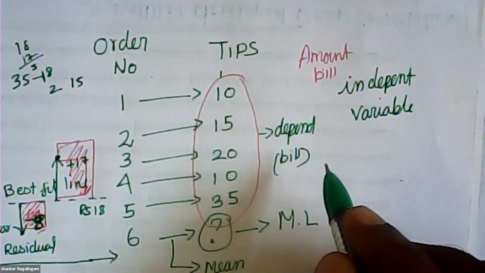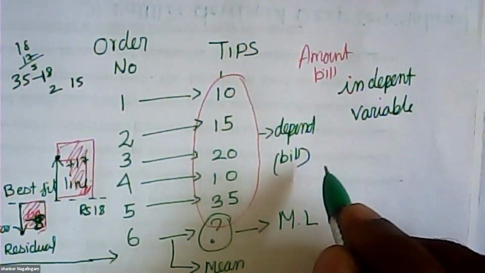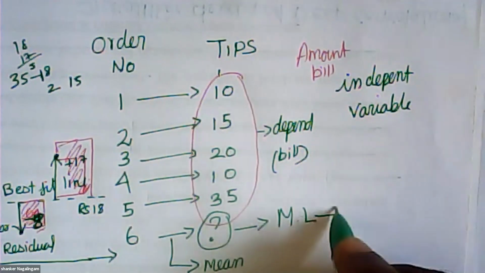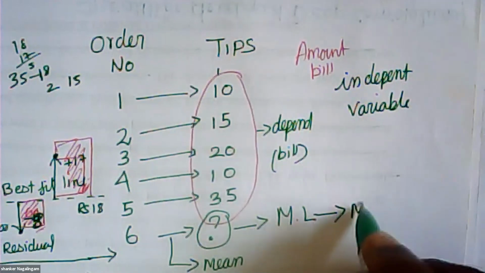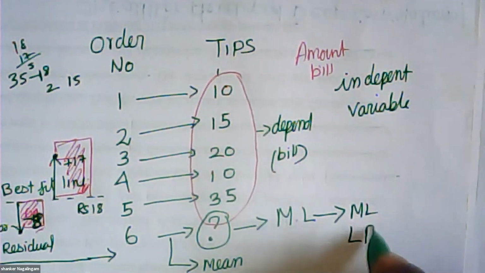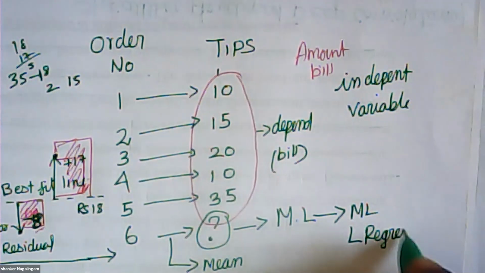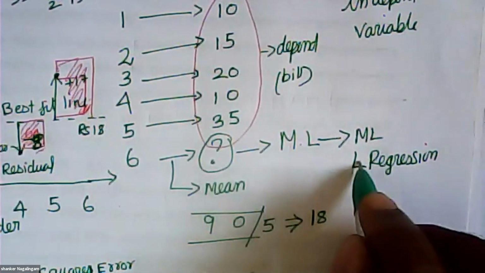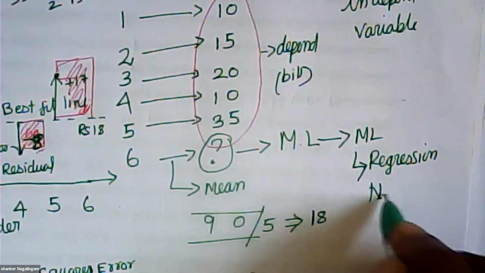Now I'm going to simulate this, and then talk about machine learning. I'm just going to teach you regression modeling, and then something about a very different machine learning algorithm, the neural network.